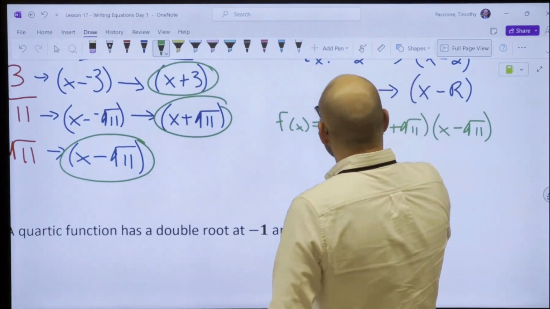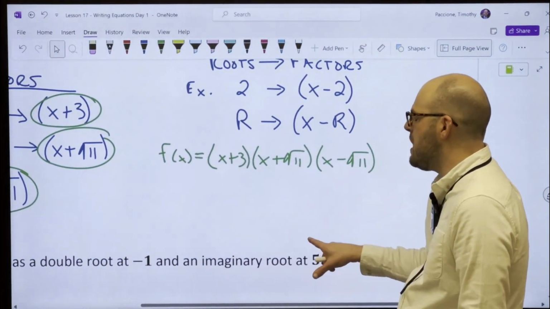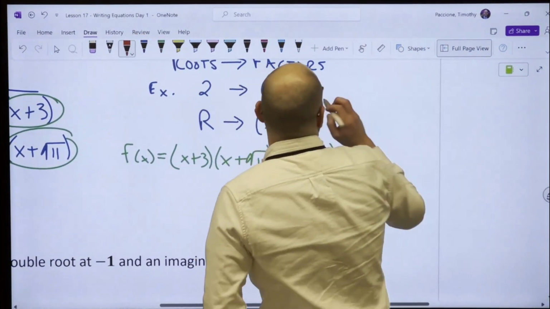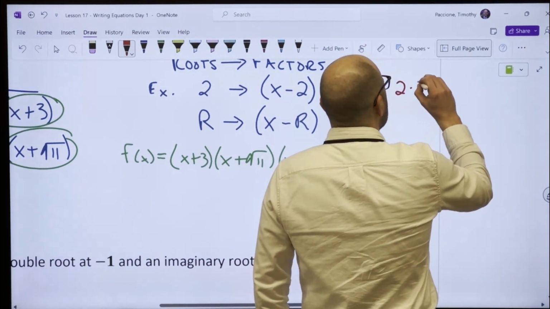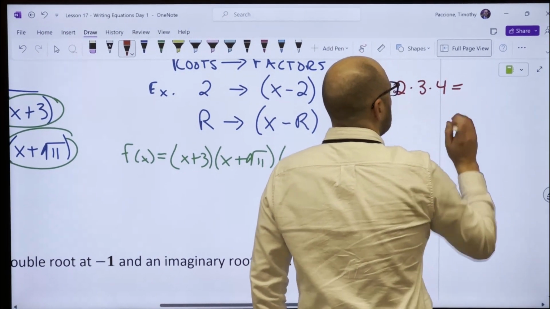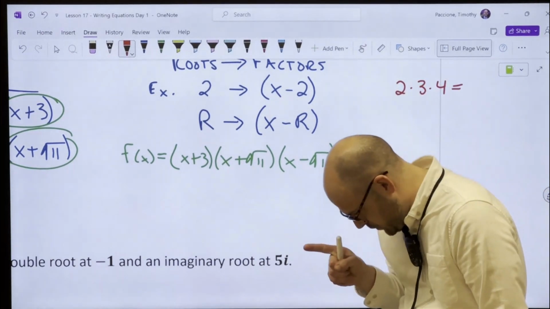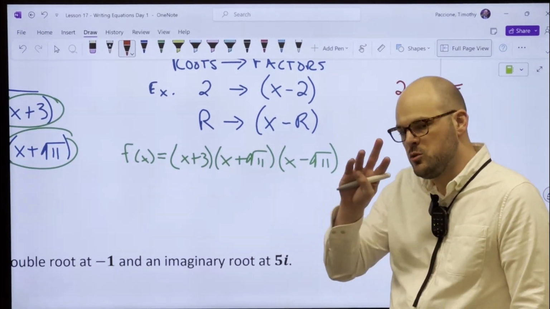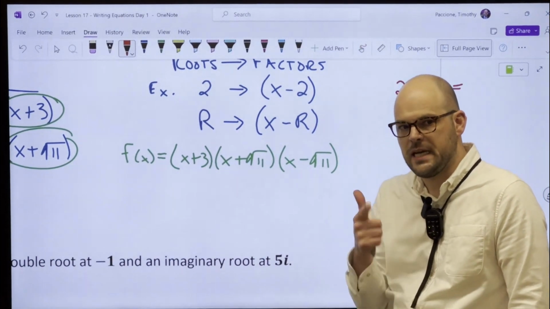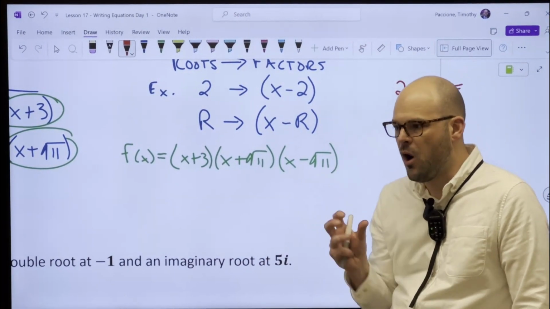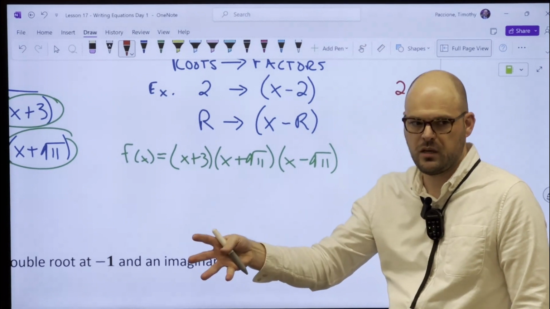Now, remember when we did multiplying of polynomials, I compared it to something like this. If you had 2 times 3 times 4, and you had to do that math in your head, would you go 2 times 3 times 4? No, you do 2 times 3, you'd be like, what's that? 6. Okay, 6 times 4, like you pause, you get an answer, and then you keep going, okay?